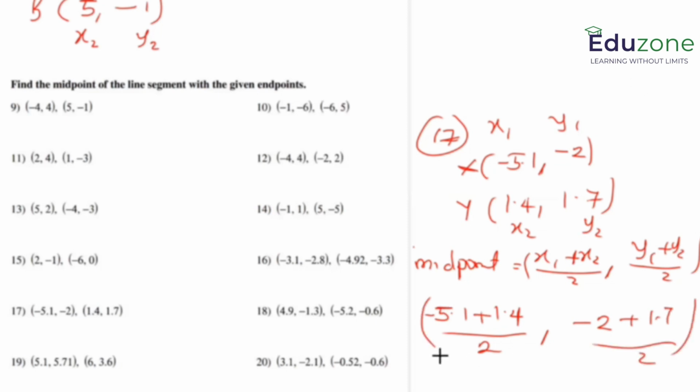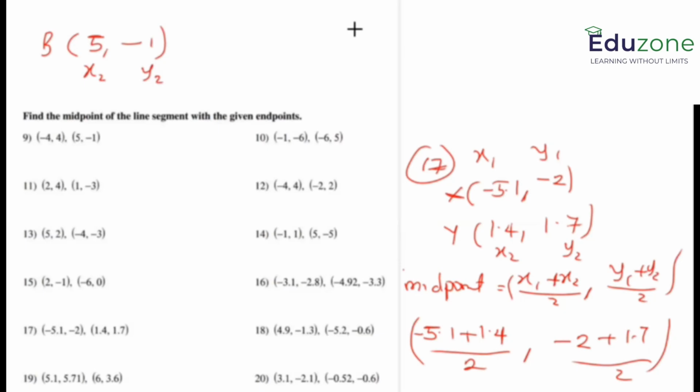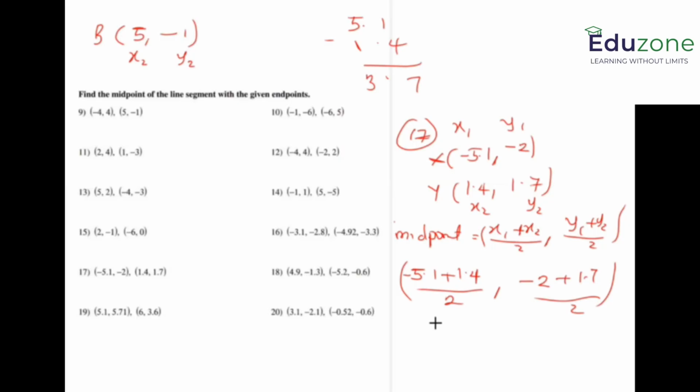So minus 5.1 plus this. So that is just like you are subtracting 5.1, 1.4. You carry one, that becomes 11, that's 7.6. This one becomes 3. So that's minus 3.7 over 2, comma. This one will give us minus 0.3 over 2. You can push your calculator for that and get maybe the decimal.